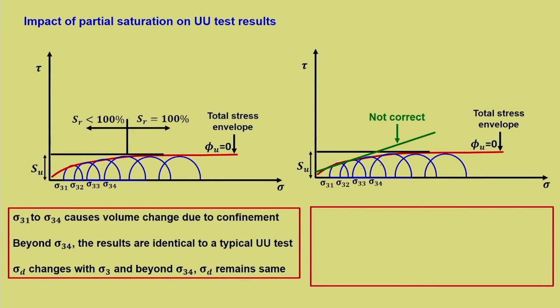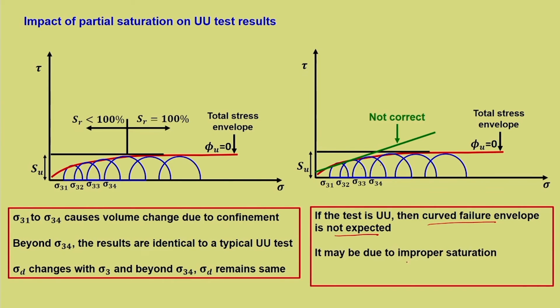So unless we appreciate this point, when you go through a test report, it is difficult to make this out. So always keep in mind that if it is a UU test, then phi is equal to 0. If you find that there is a curved failure envelope which is tangential to the Mohr circle, then the problem lies with the saturation. So this is what I told: a curved failure envelope is not expected. It may be due to improper saturation.